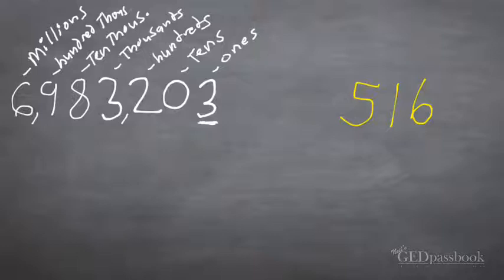Tell me, what is the digit that represents the hundreds place? 1. Hundreds, which is 1. Because look at here, this is the hundreds place, which is 1, 2, 3, 3 digits in.